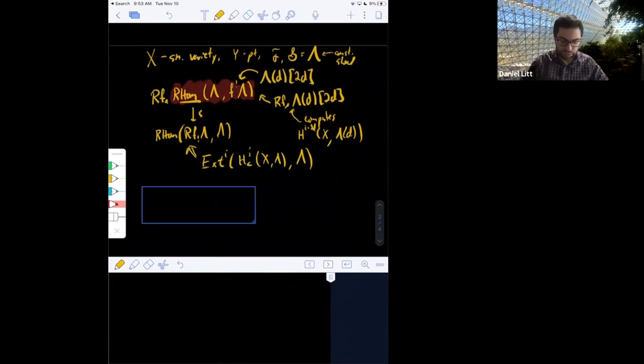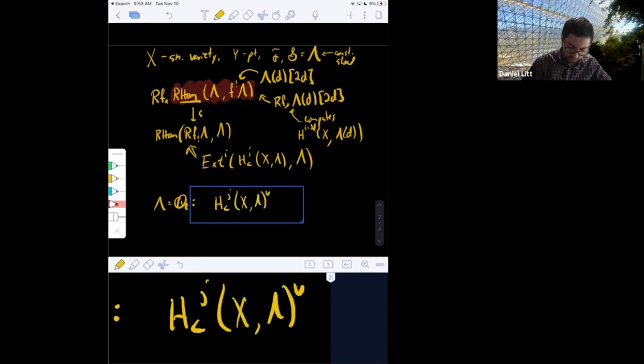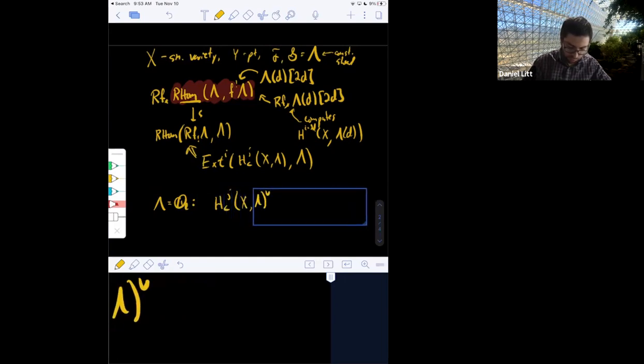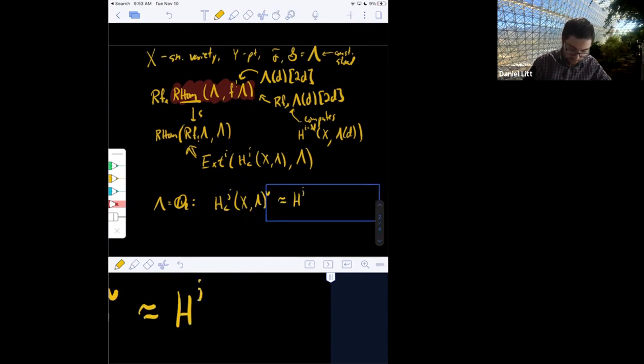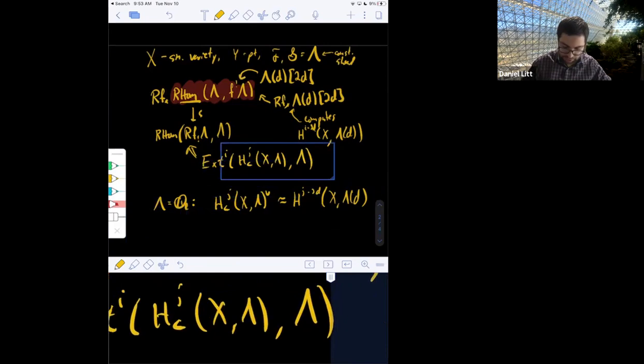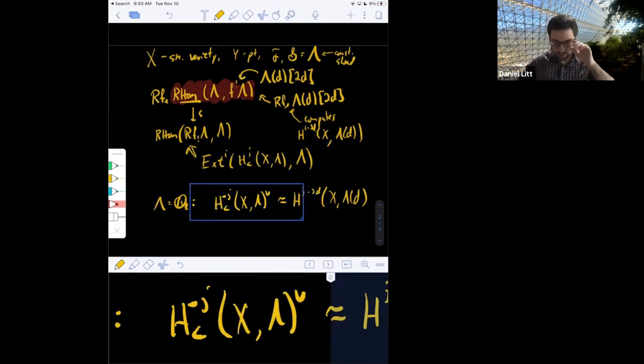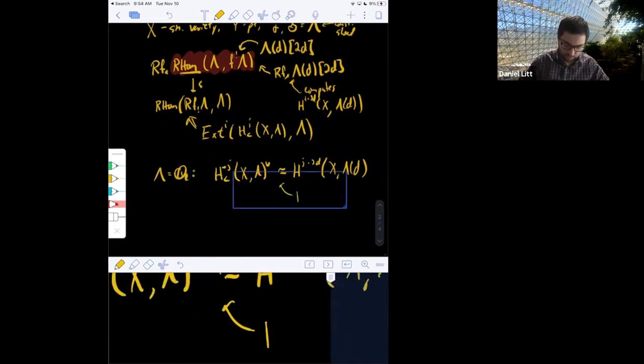If lambda is just QL, then this Ext term vanishes, and what we get is an isomorphism between the dual of H j with compact support of X lambda and H j minus 2D of X lambda of D. I think I'm probably missing a minus sign here because of the dual, so this is a minus j. Yes, that's right. So this is just Poincaré duality.